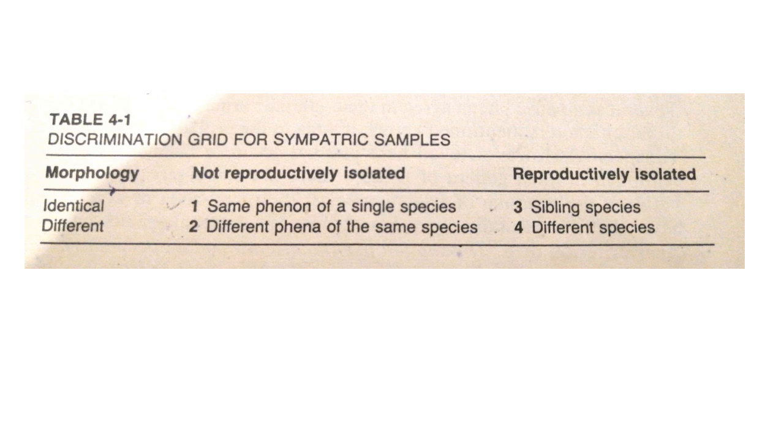So the problem, or the confusion, for a taxonomist occurs when there are sibling species, or different fauna of the same species. Sibling species cause confusion as they are very identical, however they belong to different species due to their reproductive isolation.